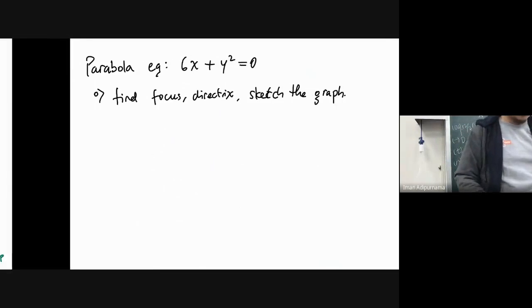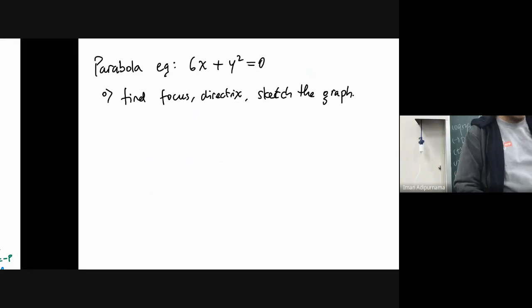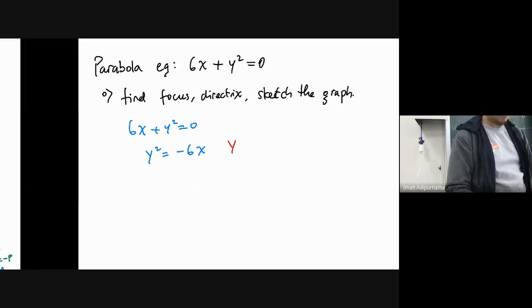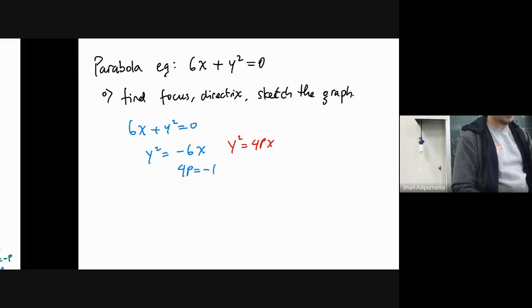So to find the focus, what we do is we just put the equation. Let me write the equation. This becomes y squared equals negative 6x. Remember that we have y squared equals 4px, right? So 4p is negative 6, so p is negative 3/2.